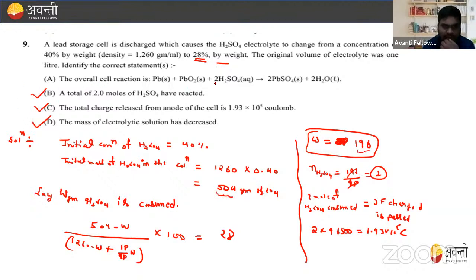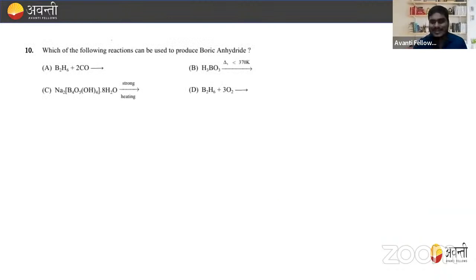And the overall cell reaction is represented, so this one is also correct, right? So all the options, A, B, C, and D, all four options are correct, right? I hope you understand how I calculate this. Now let's move to the next question, that is question number 10.